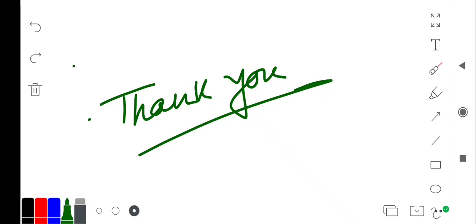For example, if there are 1, 2, 3, 4 and their mean value is suppose 5, then 5 minus 1 whole square plus 5 minus 2 whole square plus 5 minus 3 whole square plus 5 minus 4 whole square should be summed up, divided by the total number, which is 4. Okay, this is termed as variance.